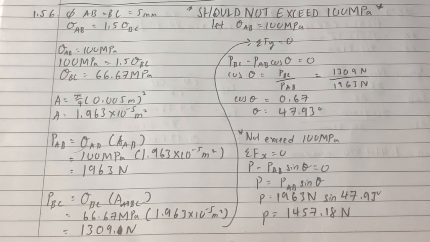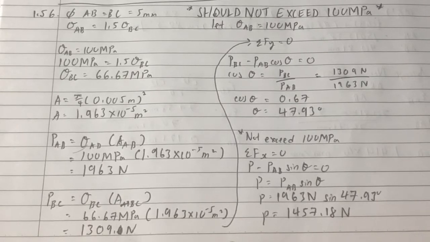So by using the equation of total Fx equal to 0, P minus PAB sine theta is equal to 0, we can directly find P by using this equation. So for the solution, P is equal to 1457.80 Newton. So that is for question 3.